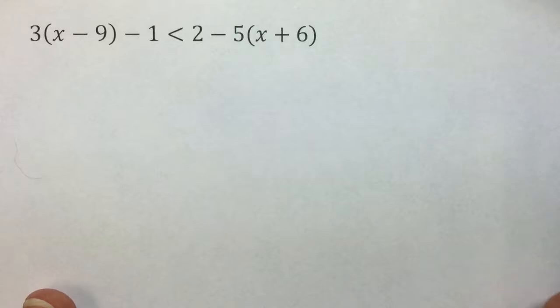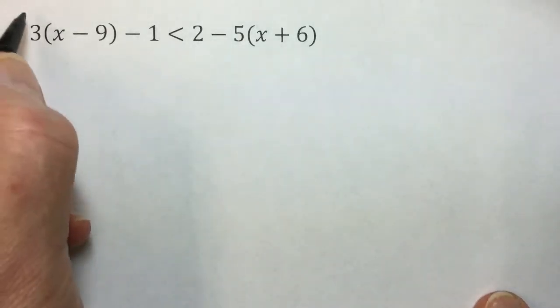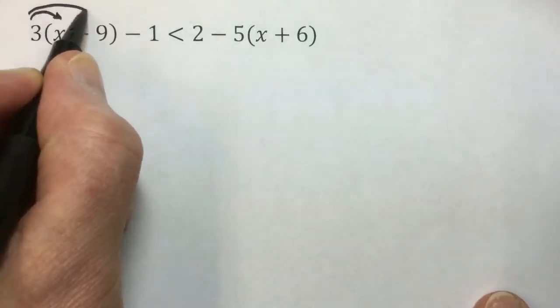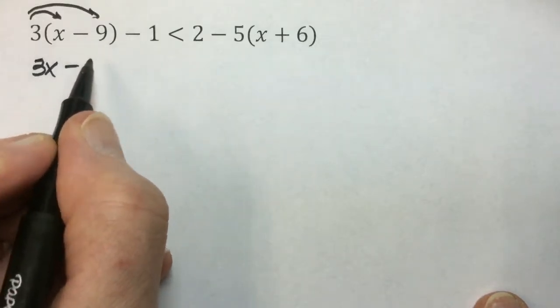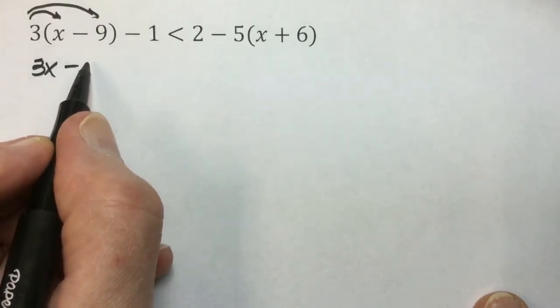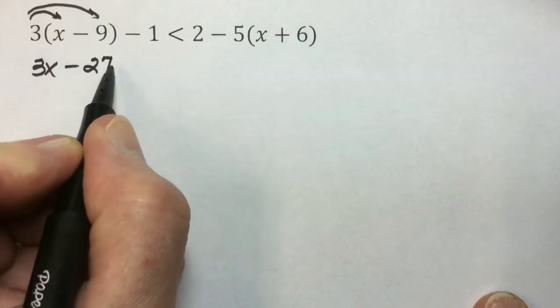In this next problem, if we follow our solving procedure, we're going to eliminate those parentheses first. So using the distributive property allows us to replace this quantity with 3 times x and 3 times 9.